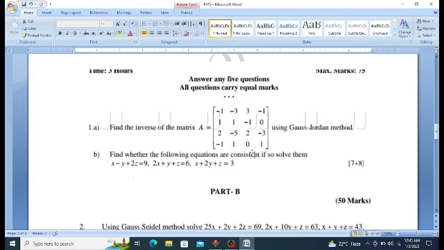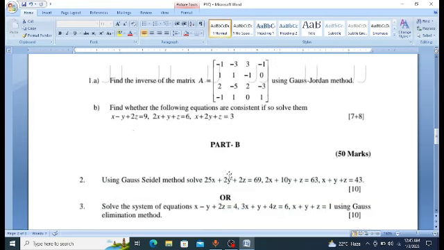Then use the formula A equals In into A, then apply the elementary row operations. Whatever elementary operations you apply to A on the left hand side, use the same on the identity matrix, and at last you will get I equals B into A, and so at last you will get the inverse of A. That type of problem I have explained in my previous videos.